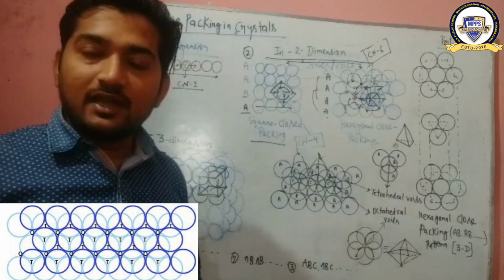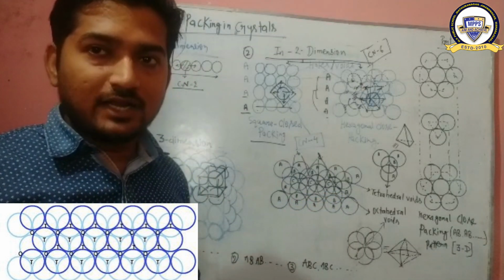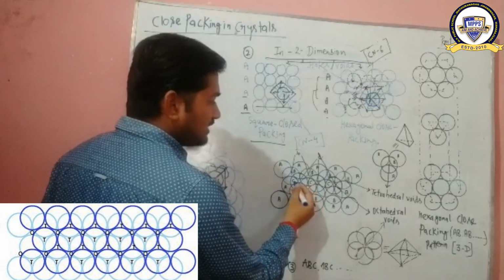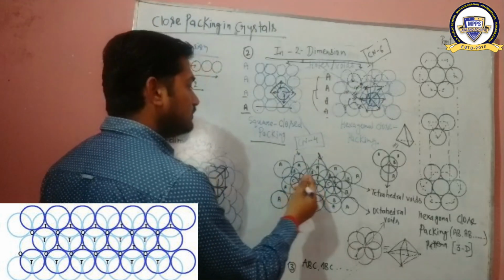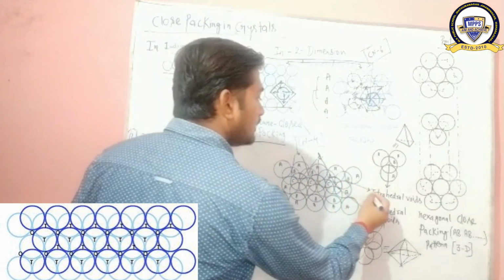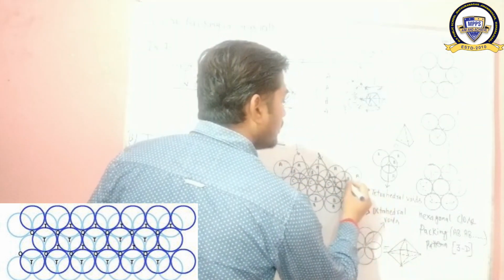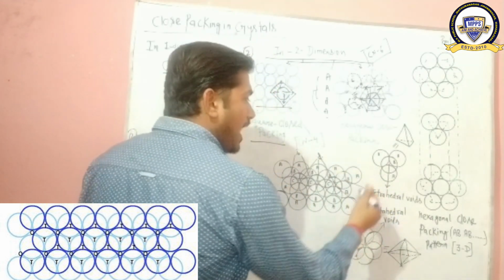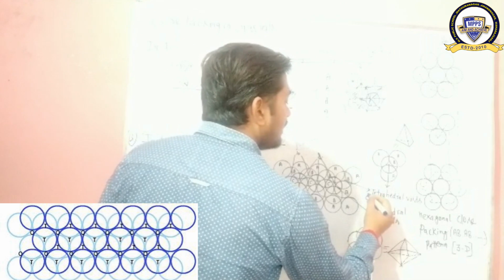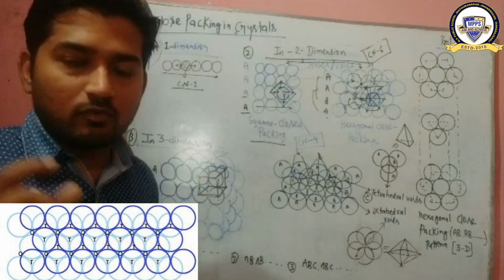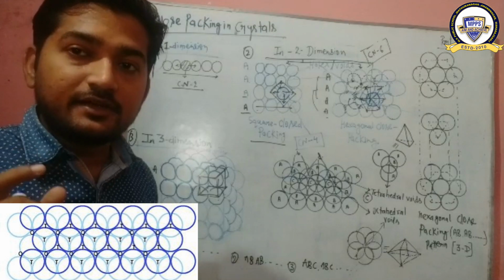So then we get another two voids, that is denoted by C and D. This one is C voids, and this C void is specifically a tetrahedral void.